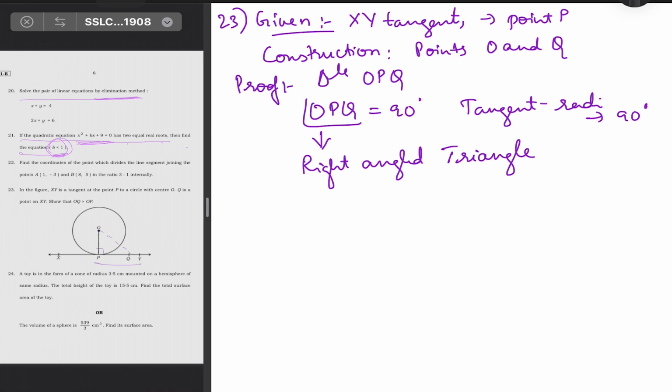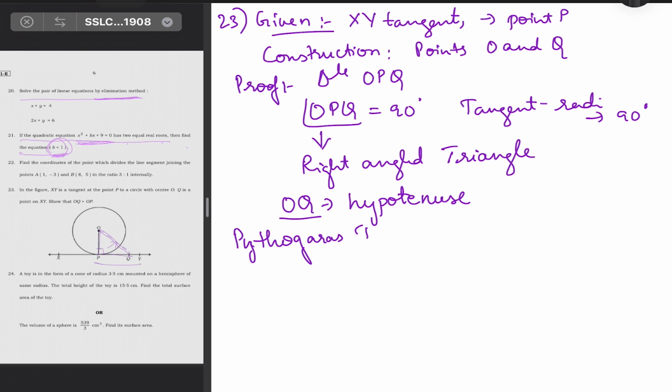So, the side opposite to 90 degrees is called the hypotenuse. From this triangle OPQ, OQ is the hypotenuse. From Pythagoras theorem, we know that the square of the hypotenuse is equal to the sum of the squares of the other two sides, that is OP square plus PQ square.